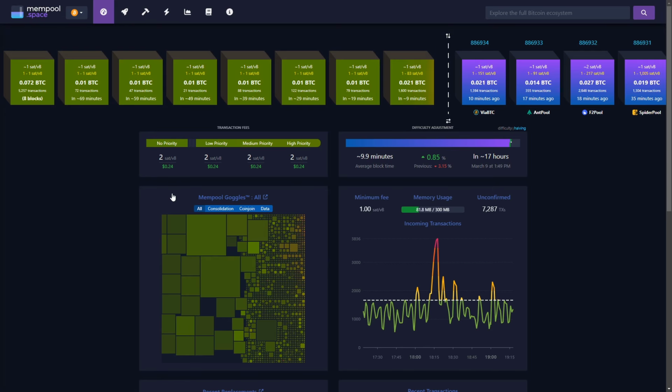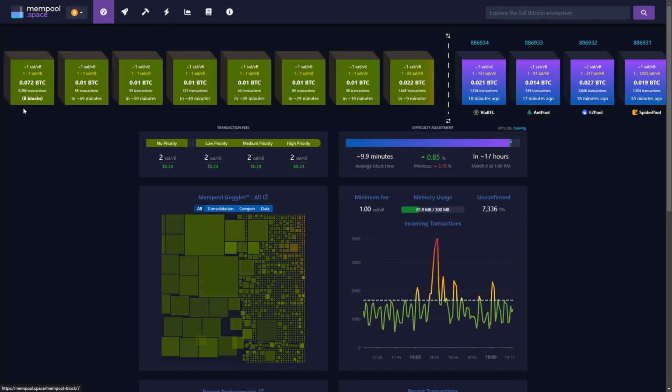The transactions that pay the highest fee get prioritized in the next block, which these are the unconfirmed blocks. So right now it looks like there's about 16 or so unconfirmed blocks. And these are the blocks that are waiting to be confirmed on the network.